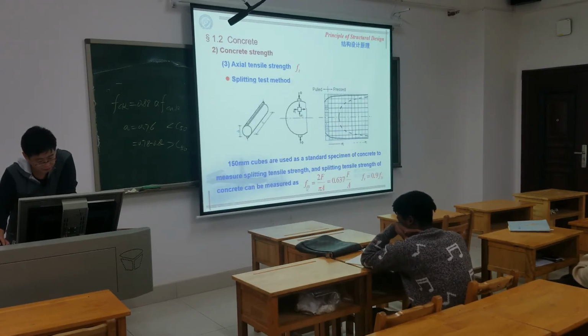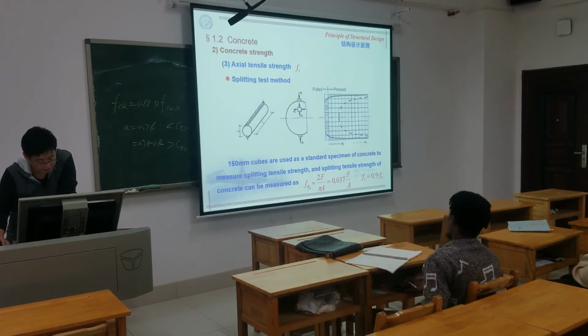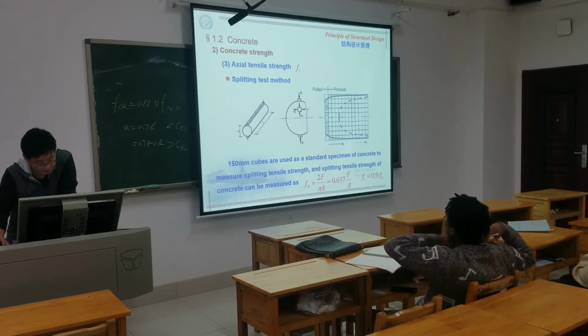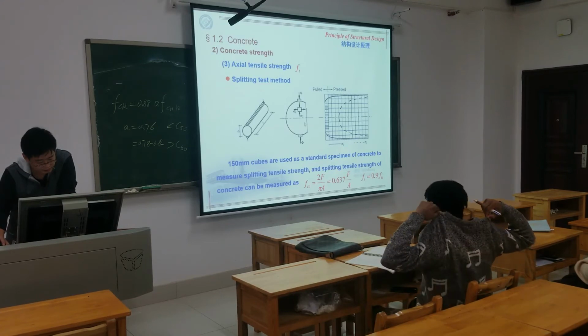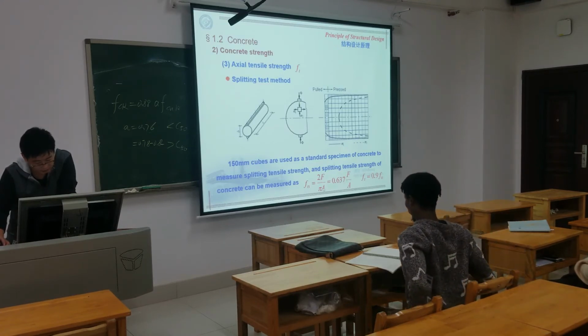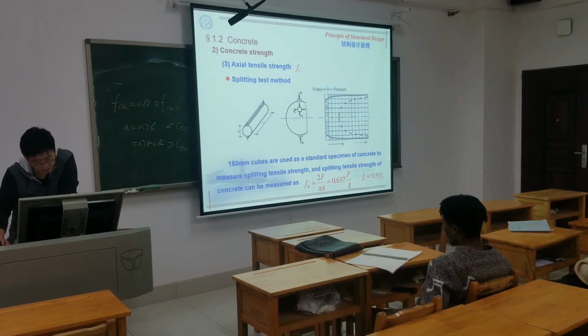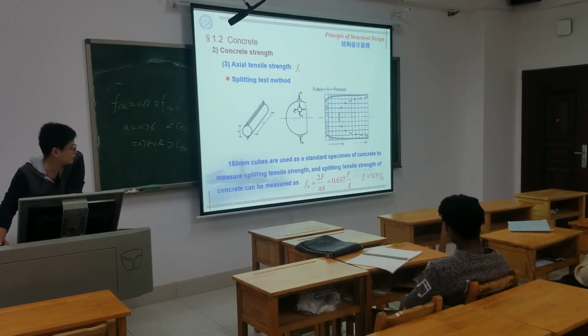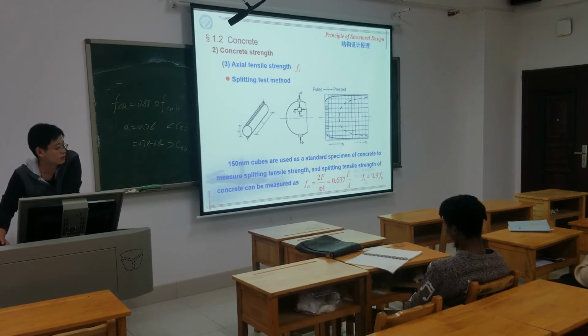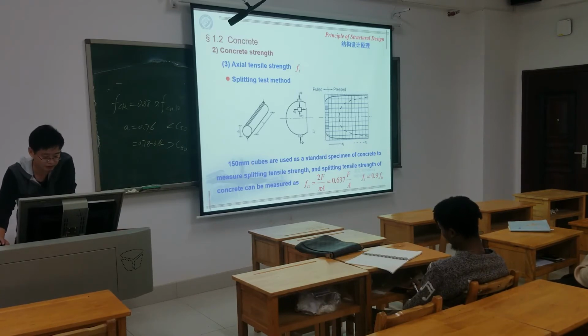First we calculate fts equal to F divided by pi A, where A is the area of the splitting surface. Once we got fts, ft and fts have this relation: 0.9, 90% of this. So these are two methods for getting the tensile strength of the concrete.